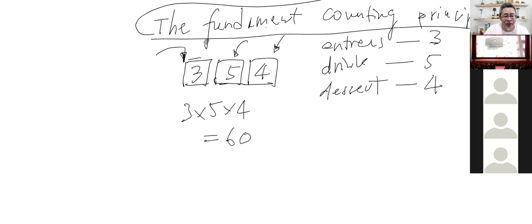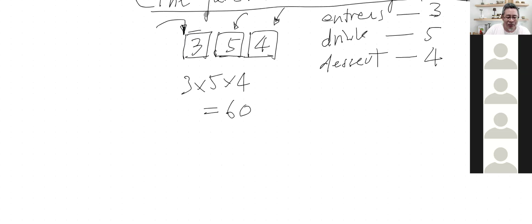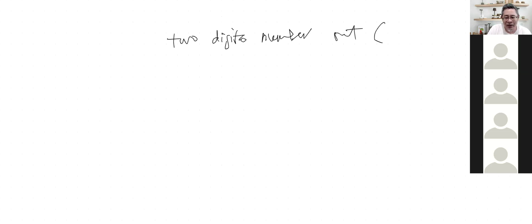Yeah, okay. I'm going to show you another example. It's still permutation with or without replacement. So for example, if we want to make a two-digit number out of the choices 1, 3, 5, 7.